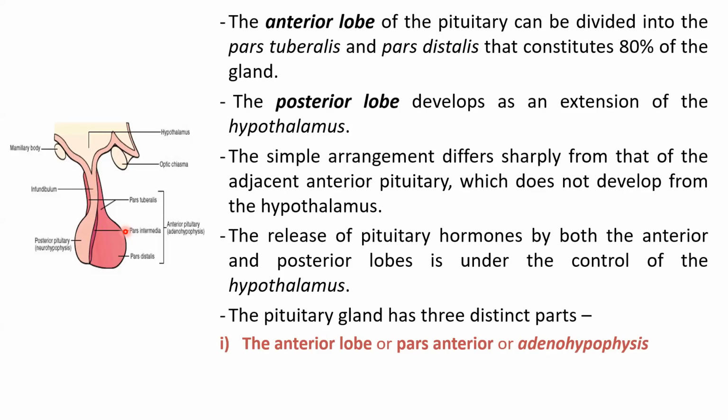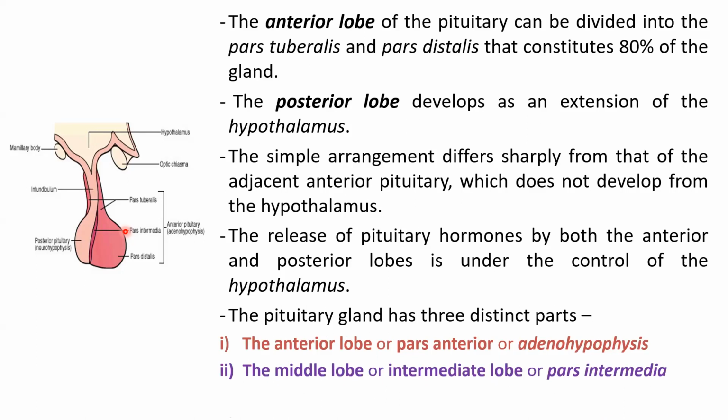Then the pituitary gland has three distinct parts: the anterior lobe or pars anterior, also called the adenohypophysis. Then the middle lobe or intermediate lobe, also called the pars intermedia. And the third one, the posterior lobe, also called the pars nervosa or the neurohypophysis.